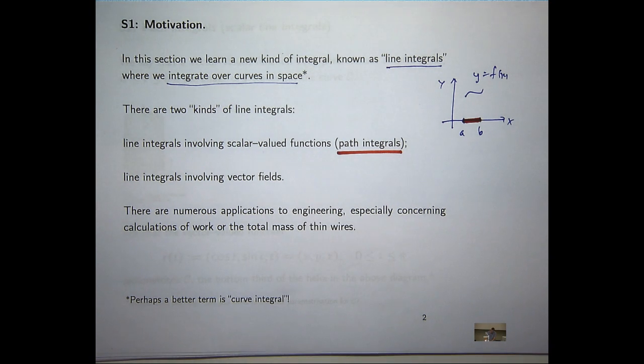Suppose the function is like a density function, and you know the density at each point in your wire. And that wire covers some sort of curve. Well, to calculate the total mass, you integrate the density function and it gives you the total mass of the wire. And we'll look at some of those applications today.